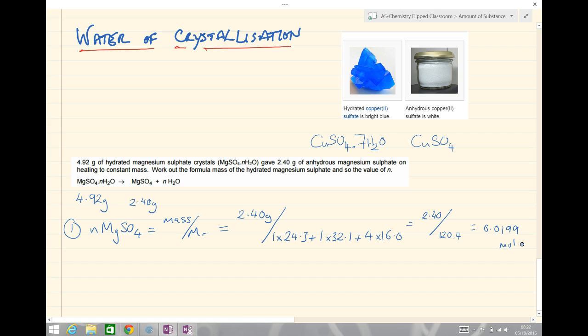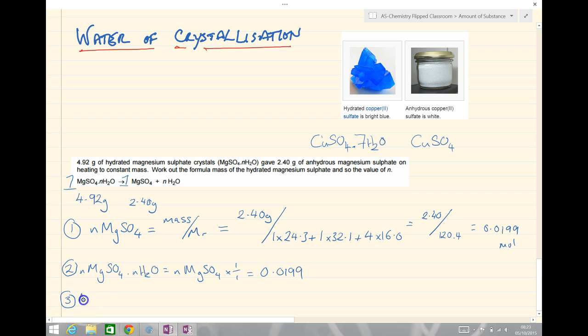Now, the next step is our mole ratio, to work out the moles of something we don't know about. We've got a 1:1 ratio here. So the moles of hydrated magnesium sulfate is going to be equal to the moles of magnesium sulfate times 1/1, which in this case is simply equal to 0.0199. Our final step here then is to work out the Mr, because we've got the mass.